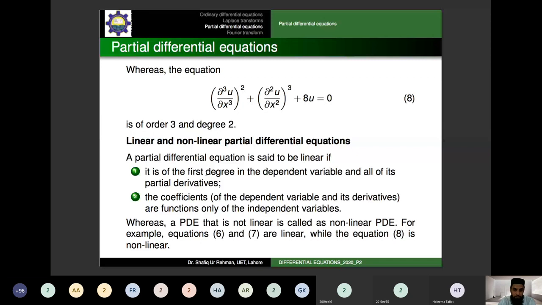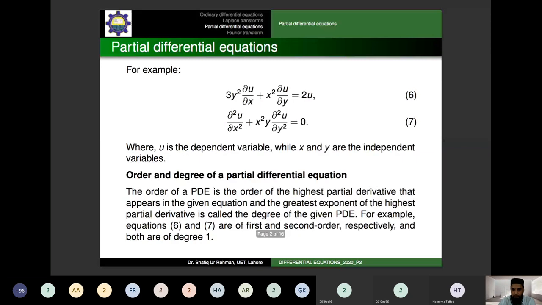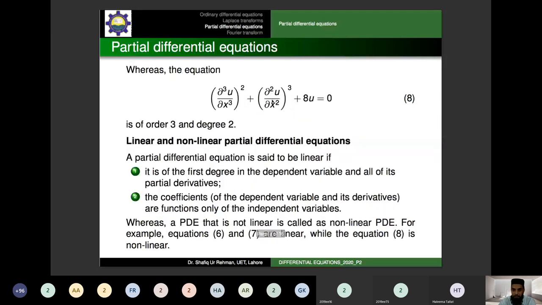It should be of degree 1. Since equation number 8 is an example of a partial differential equation with degree 2, it is not going to be linear. So equations number 6 and 7 are linear, but equation number 8 is going to be non-linear.